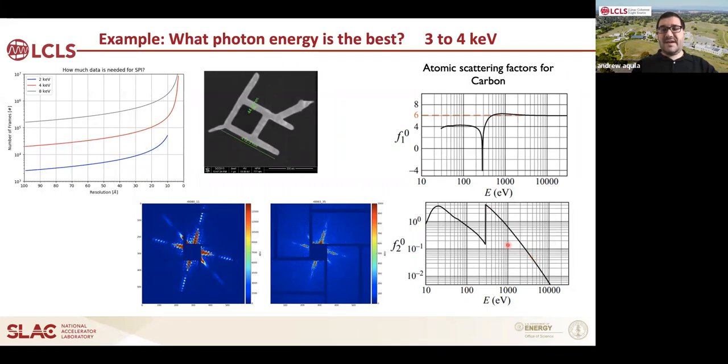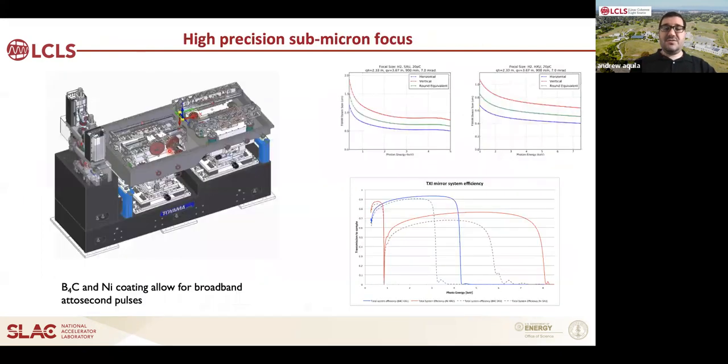So we went through this exercise where we looked at every single parameter such as this, and we modeled it as best we could. And this is why we chose the photon energy ranges we chose. We chose the KBs to maximize stability and to get the focus as close to the interaction point as possible, making the focus as small as possible with the mirror technology we had, which is meter-long mirrors.